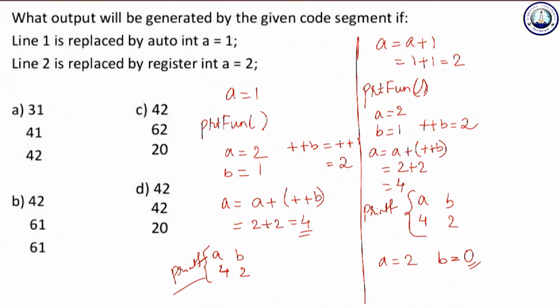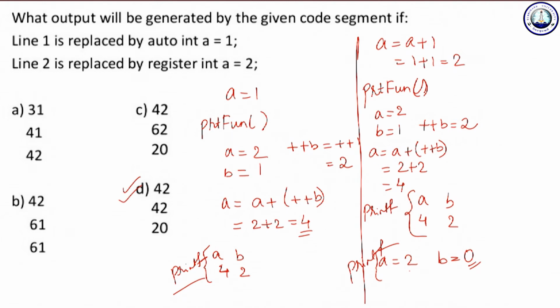So your answer will be 4 2. So among options B, C and D, the first output is 4 2, then the second output is 4 2. So from here the second output, option D, satisfies 4 2, and the final answer is 2 0. So D is your final answer for this given question.